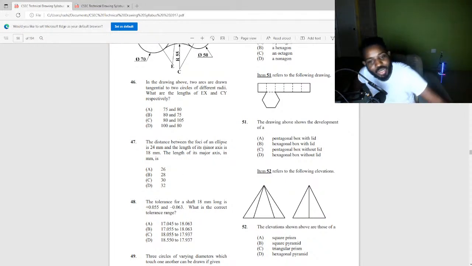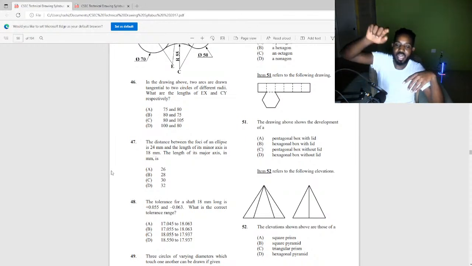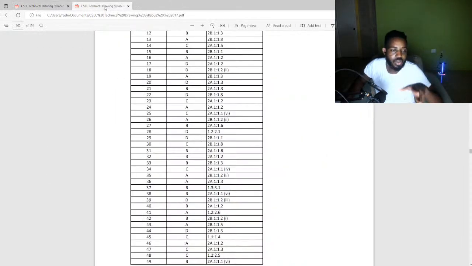I would have to do it in AutoCAD, but my AutoCAD just isn't coming up to show you. What I would have to do is draw the minor axis, draw a random line for the major axis, which won't be the actual length, and then use the focal points, and then we would get the answer. So let me just see what the answer is here.